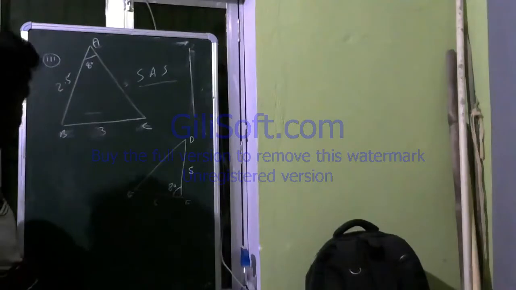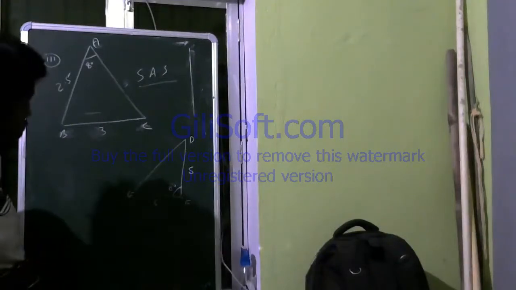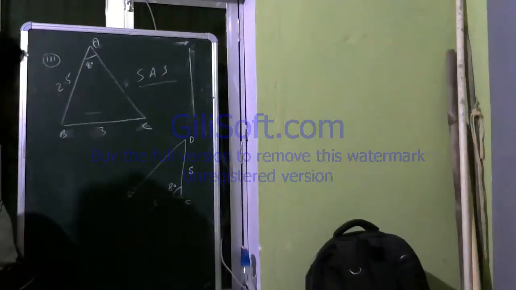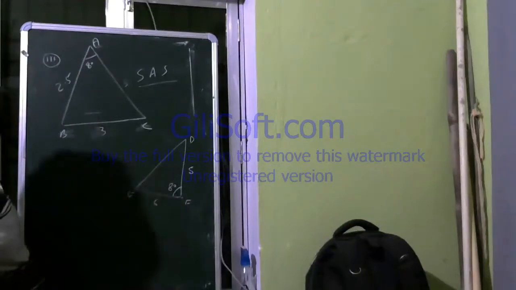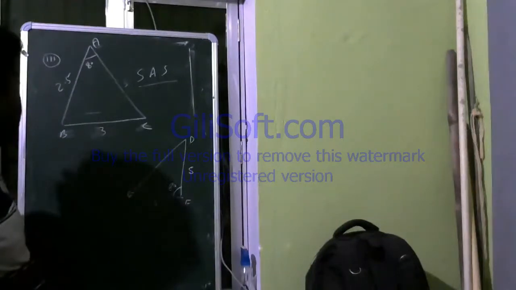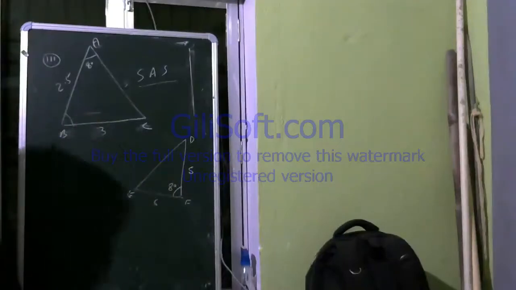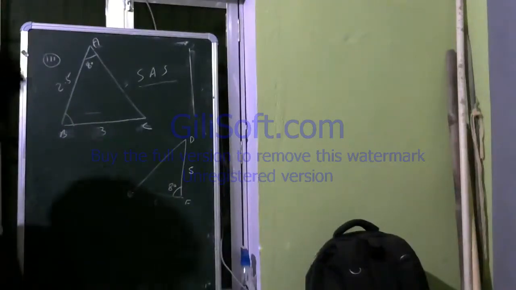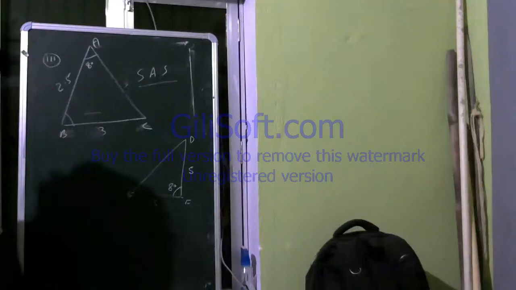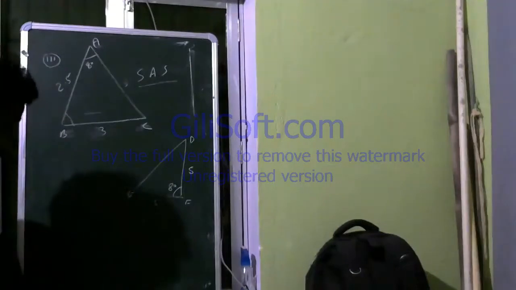Two corresponding sides lie in the same ratio, but in one triangle the included angle is given as 80 degree, and in another triangle, for the included angle we have no information. That's why we can't say that these two triangles are similar to each other.